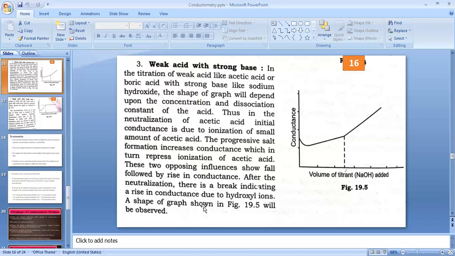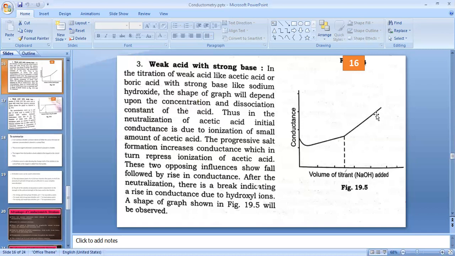The shape of the graph is shown in the figure. So this will be the graph for weak acid with strong base. Initially, there will be a decrease in conductance. The decrease in conductance is due to the dissociation of the acetic acid. But when all of the acetic acid has been consumed by the strong base, sodium hydroxide, and we add excess strong base from the burette to the contents of the conical flask, there will be a rise in conductance.